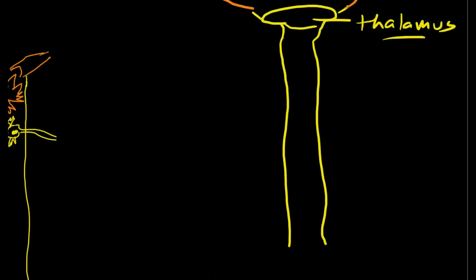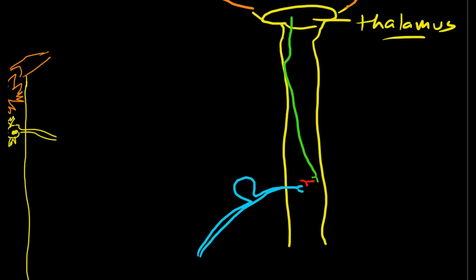Okay, so what happens with the sensory input? Say we have a sensory input coming in here. It bypasses its little nerve body in the ganglion, and then it synapses with the nerve in the spinal cord. And remember, there's interneurons and whatnot, so some of them synapse directly, some of them synapse into interneurons. So in this case, we'll put a little interneuron here, and this might synapse again, and then this nerve goes up to the thalamus.